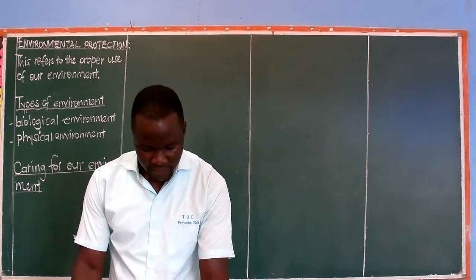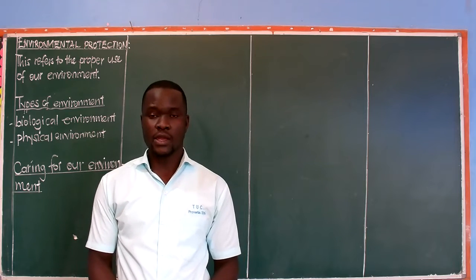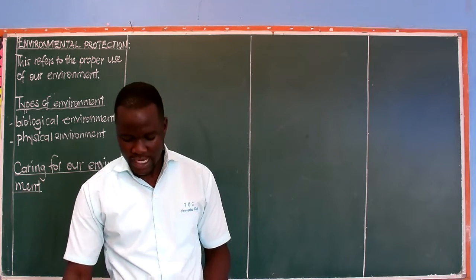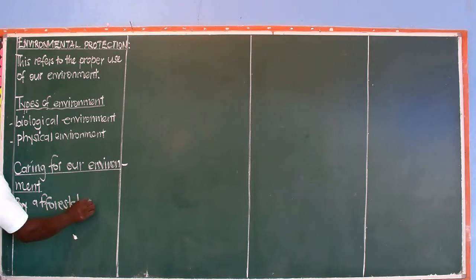We are looking at having protective measures and good farming methods. Which are these good farming methods? One, practicing what we call afforestation. We can say by afforestation, the environment will be conserved. Number two, by having what we call reforestation.